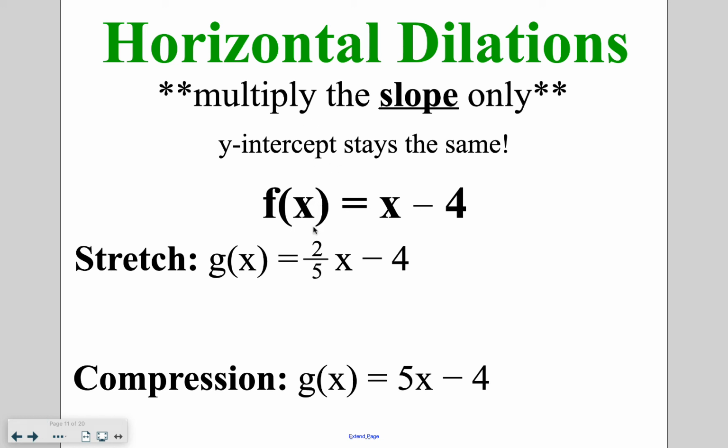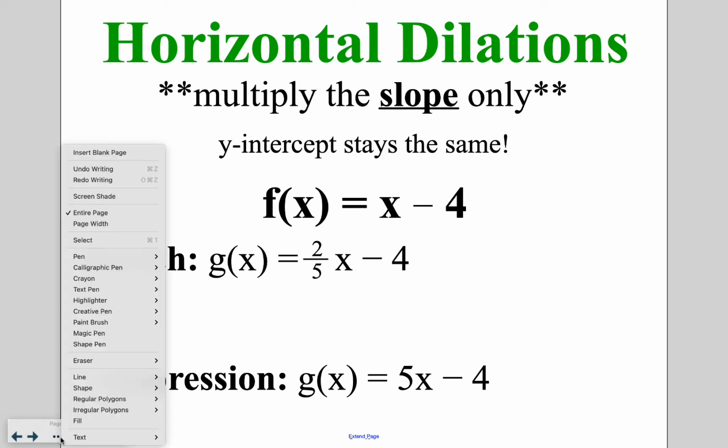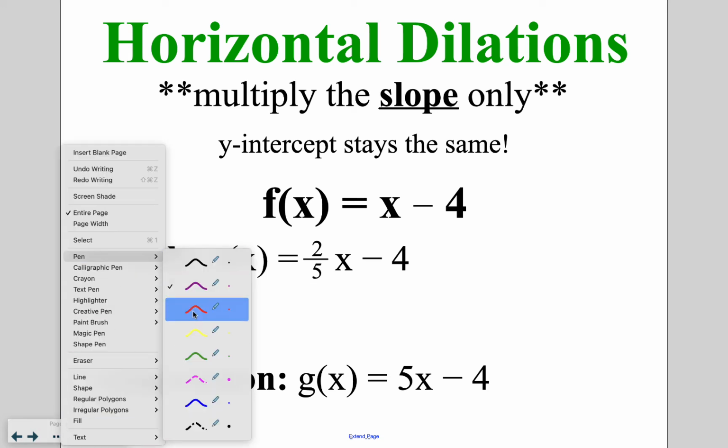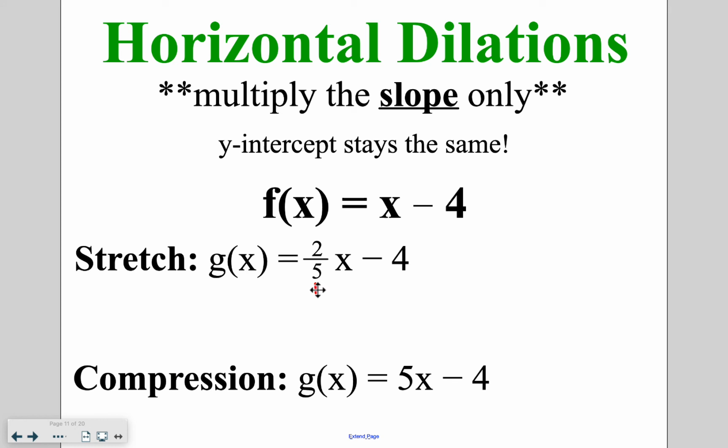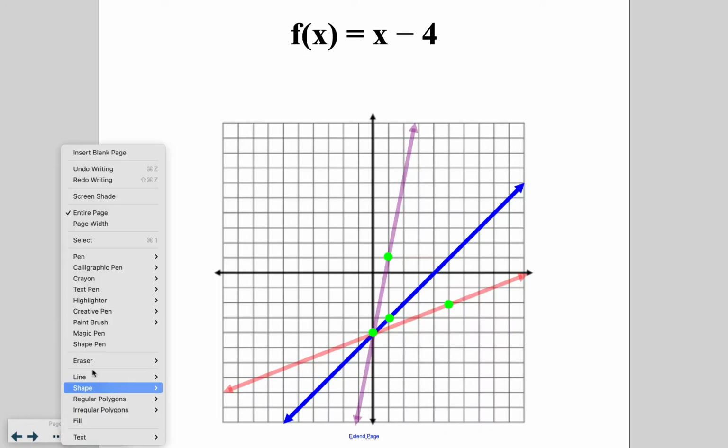The horizontal values have the opposite of the vertical. So when I am looking at a stretch horizontally, that's between 0 and 1. And then my horizontal compression is going to be when it's bigger than 1 for the number that I am multiplying by. So let me explain why that happens.